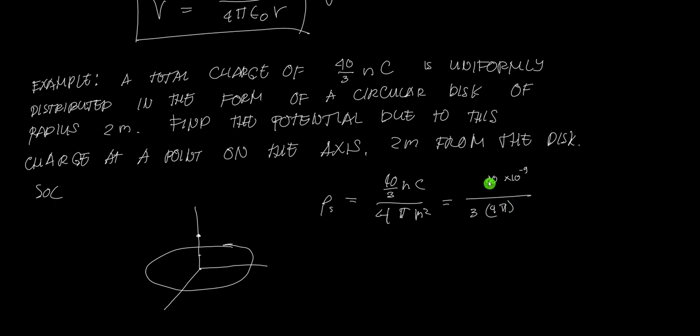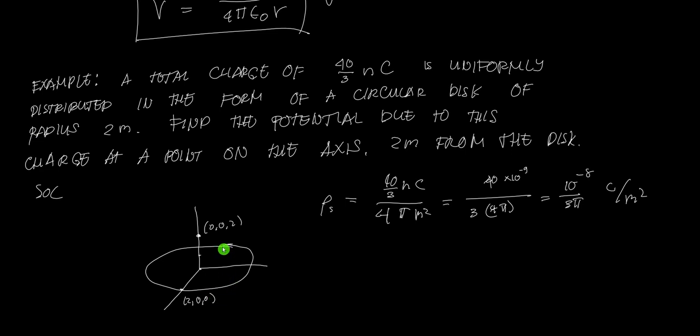Then you can cancel out that 4 here. So this will become 10, or I can just make that 10 raised to negative 8 all over 3 pi. This is coulomb per square meter. That's the surface charge. This is 0, 0, 2. This point here is also 0, 0, 2 meters.